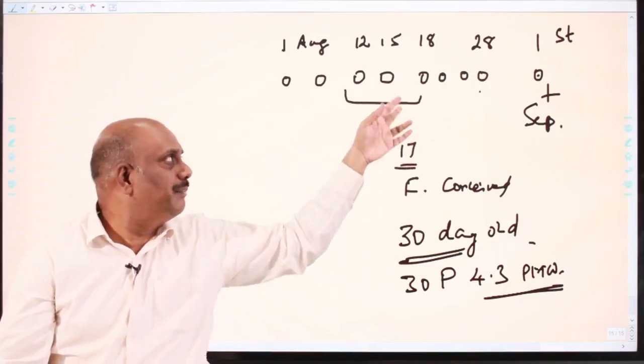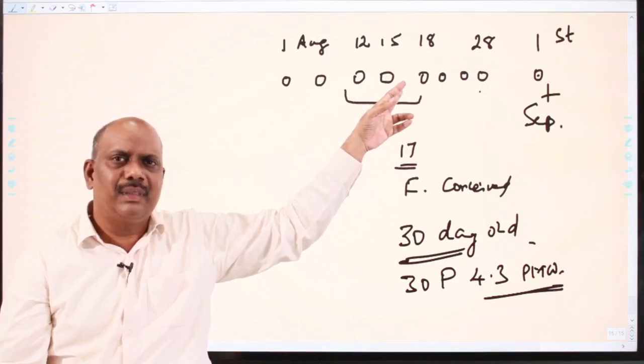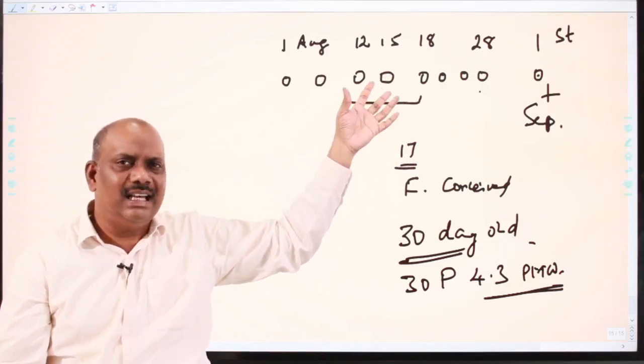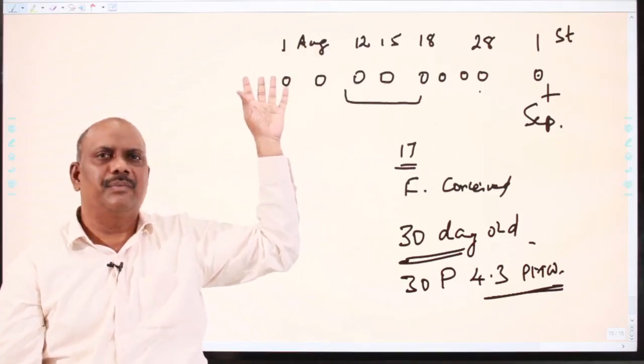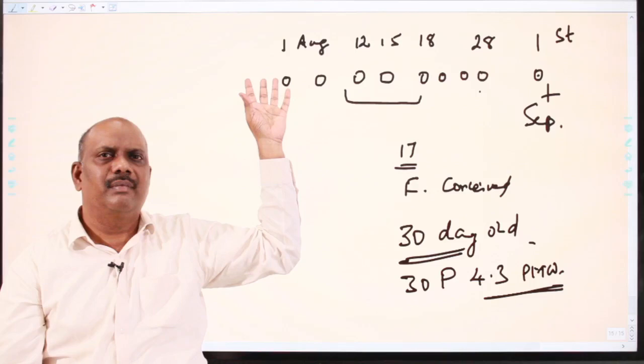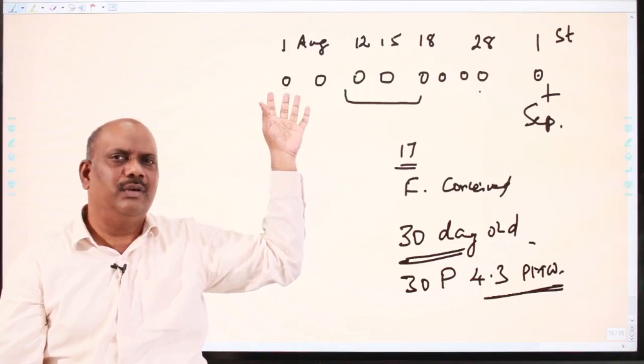Fertilization happened on 17th. But the egg is the actual individual. The egg was growing even much before that. The egg was some 14-15 days old, 17 days old now.